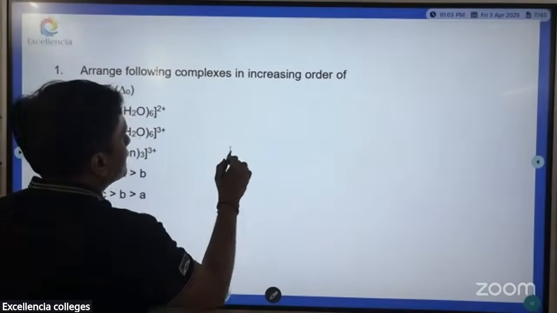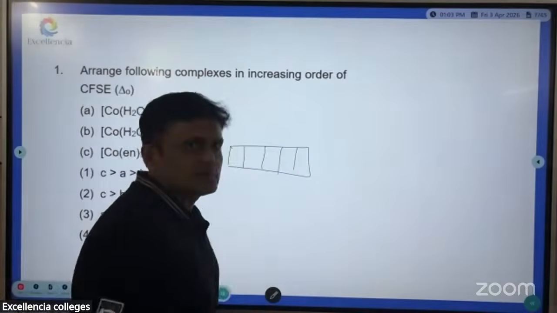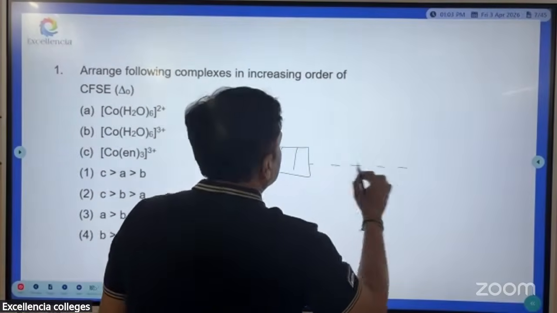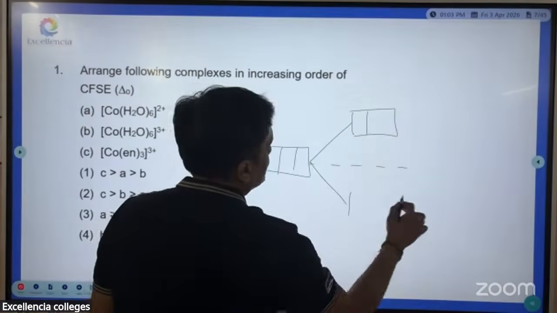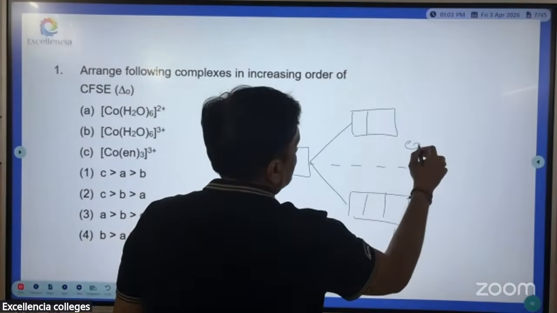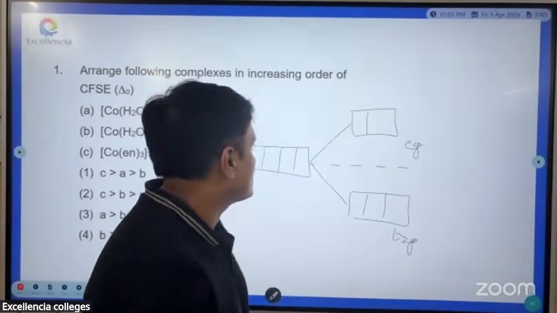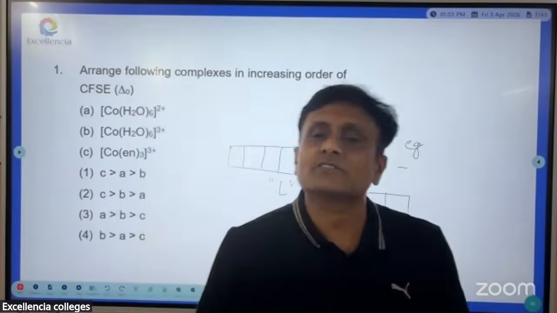See, now we have the d orbitals over here. All right, there are 5 d orbitals. You all know they are categorized into the EG and the T2G kind of orbitals depending upon their symmetry aspects. When the ligand approaches, these degenerate orbitals are going to split.